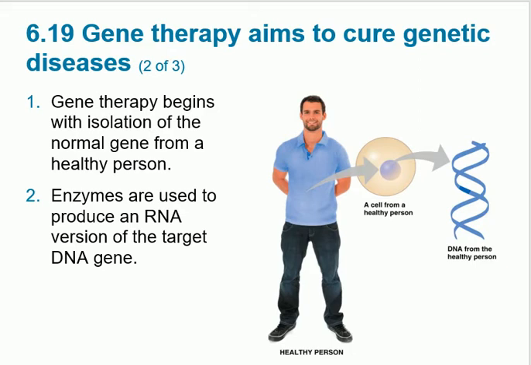We get a normal person and we get the chromosome, the DNA, and we go into that specific gene. So we go deeper and deeper until we get that specific gene, a good copy of it. And then you make a copy of that gene. You isolate it first, and then you use an enzyme that makes an RNA version of the DNA gene.